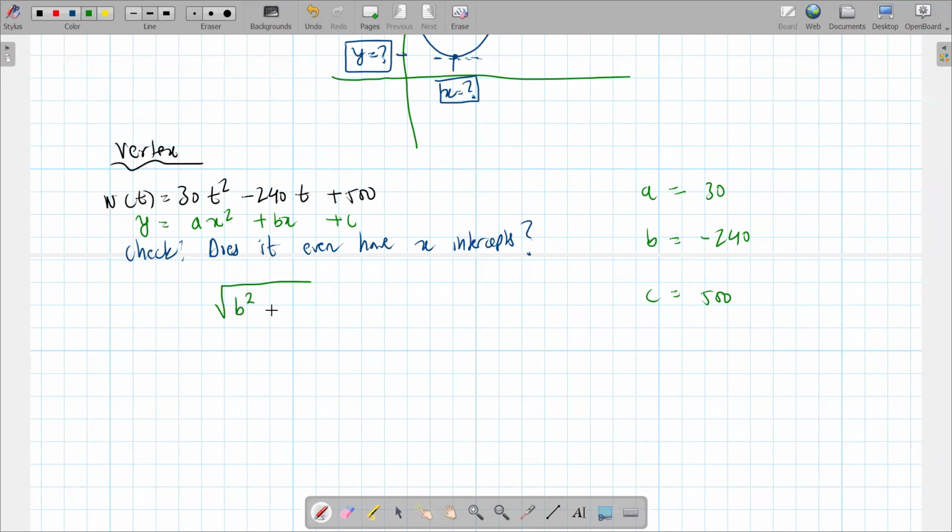If b squared minus 4ac is less than 0, no x-intercepts. If it is greater than 0, 2 x-intercepts.